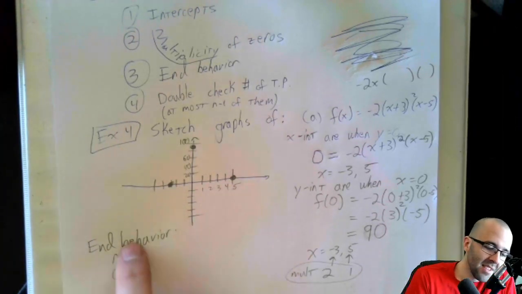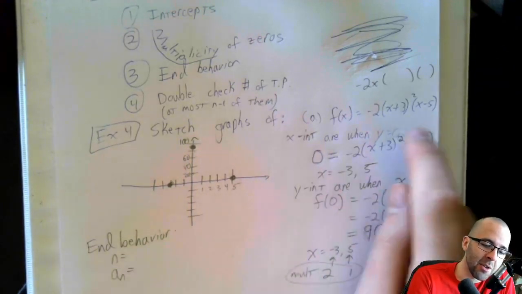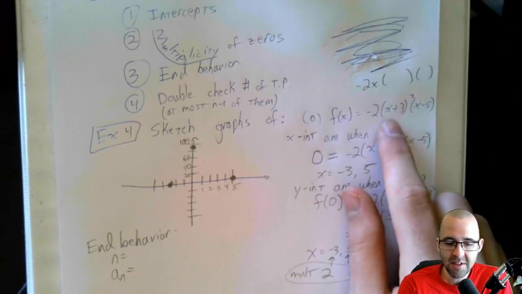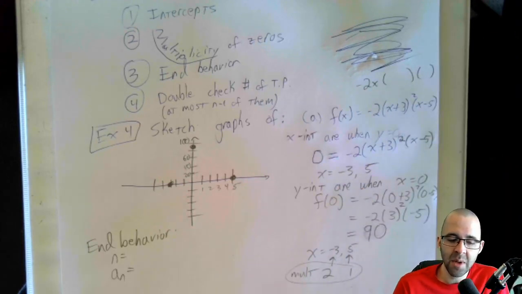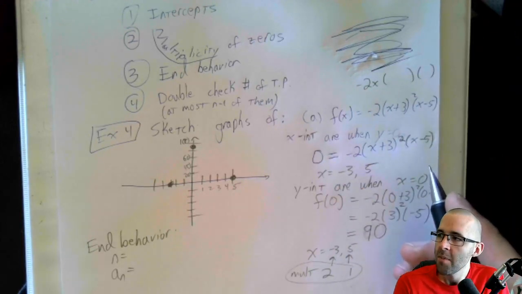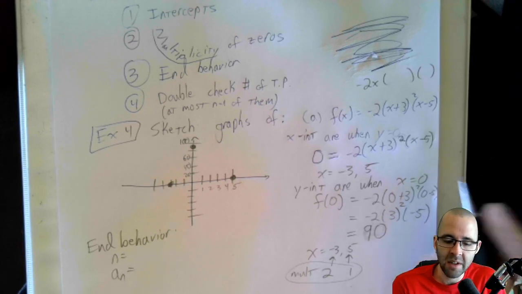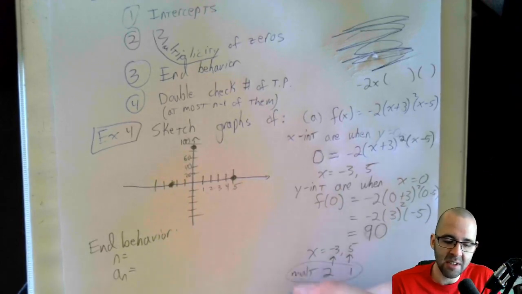All right, so we need the degree and the leading coefficient. This is a cubic polynomial. There's a lot of different ways that we can know that it's a cubic polynomial, but one of the ways to know that the degree is 3 is we can add up the multiplicities.